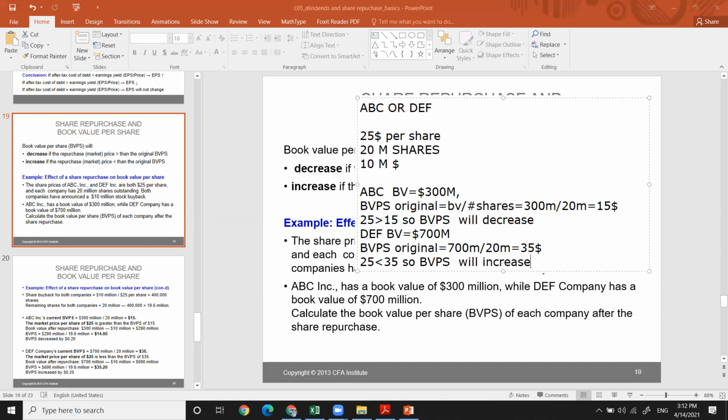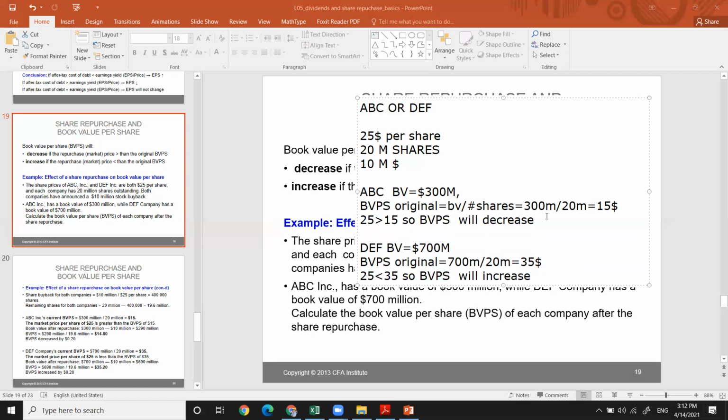Now we can estimate the book value per share for both companies. So book value per share after is equal to 300 million, but we need to subtract the value of the shares that are repurchased.